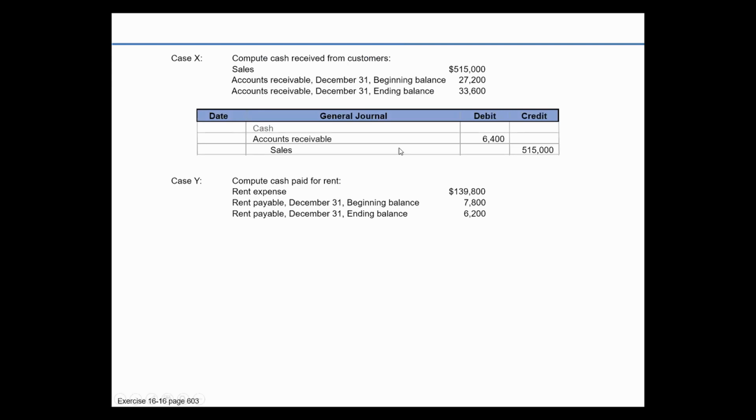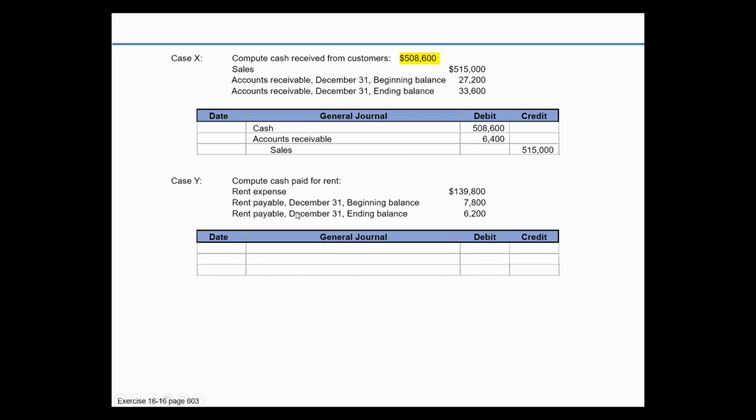So we reconstruct the entry, and you see that you had cash, the amount of 508,600, because the difference in the accounts receivable was 6,400, when you had total sales of $515,000. So the cash received from customers is 508,600.